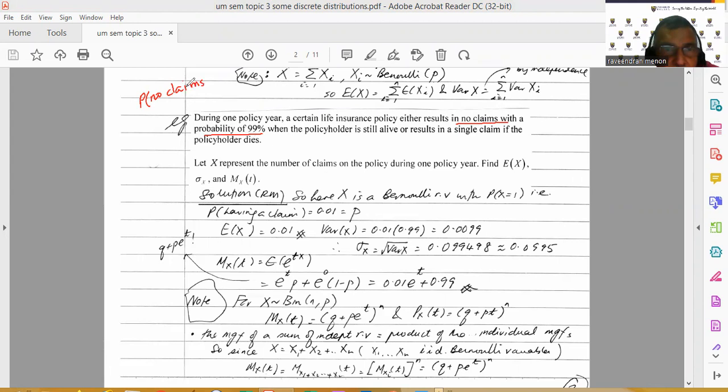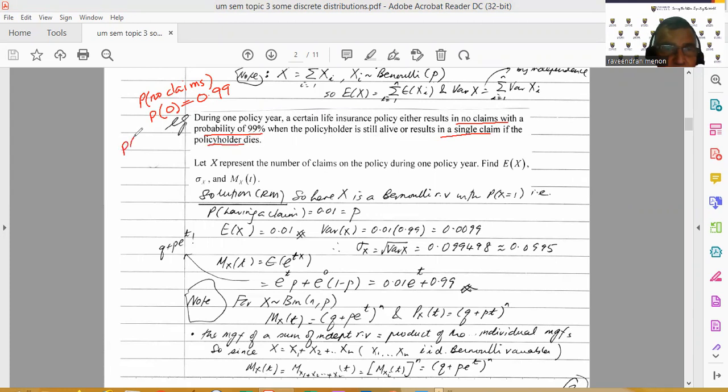So the probability of 0 is 0.99. Okay, good. So no claims, when the policyholder is still alive, or results in a single claim if the policyholder dies.